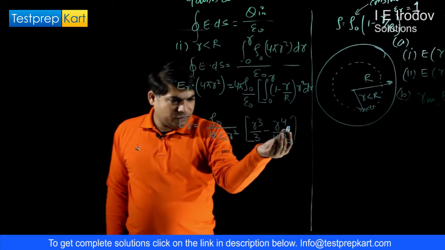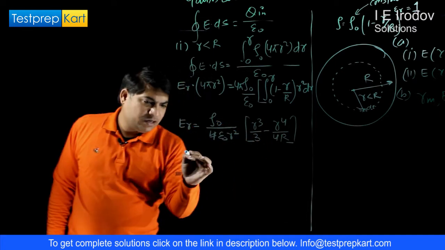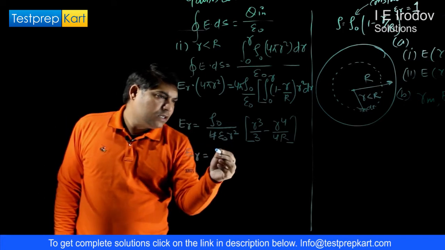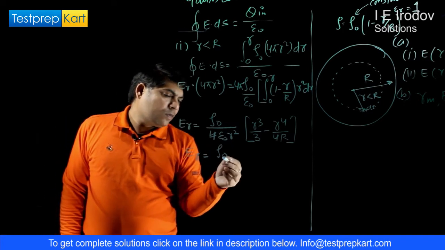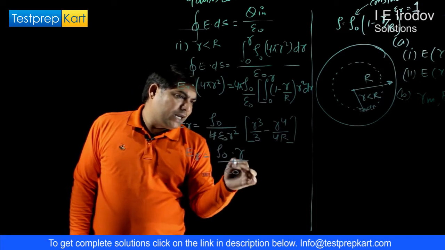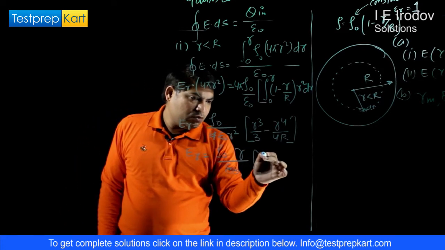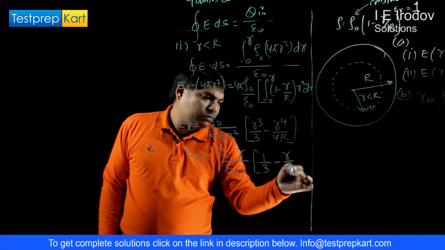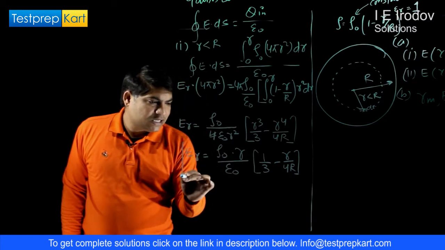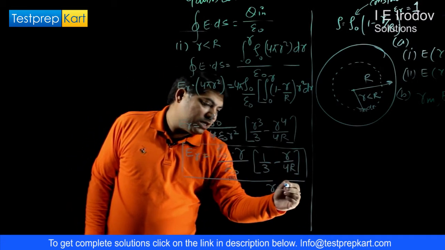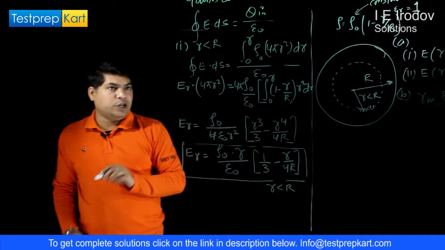We can take out r cube for ease of the expression. Then E is rho naught times r over epsilon naught times (1 by 3 minus r upon 4R). So this is the expression for the electric field when r is less than R, inside this volume.